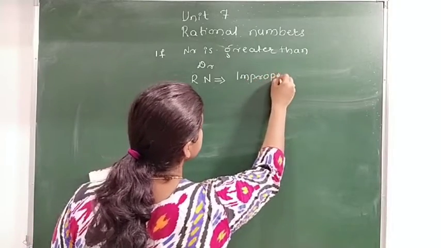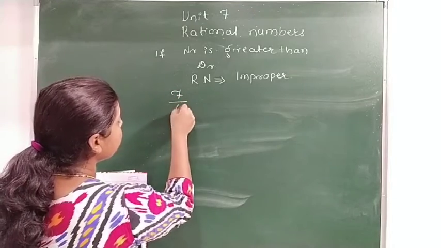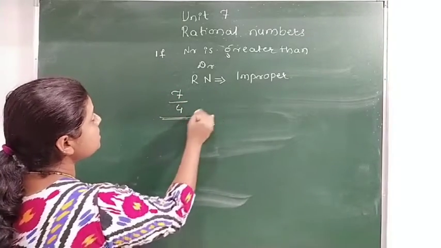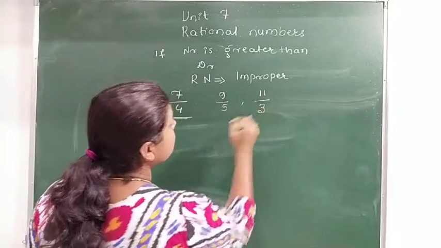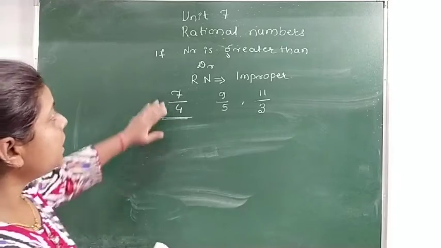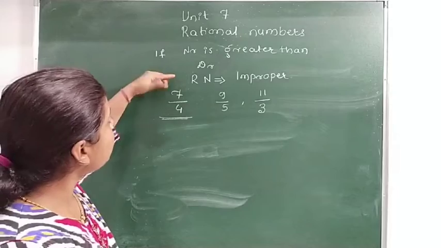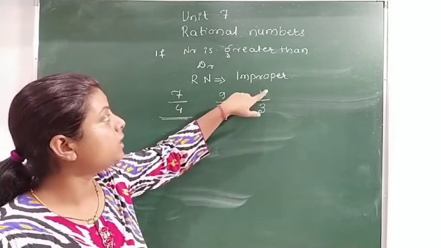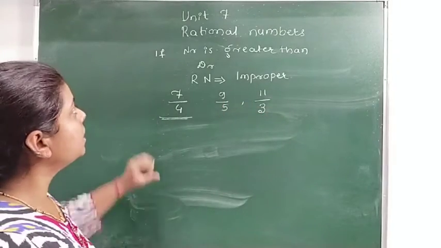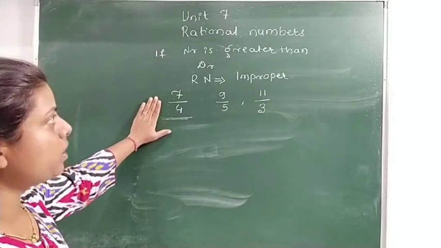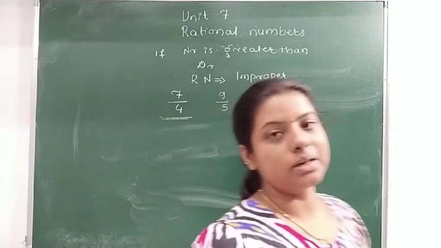As already you studied this also. Means this is 7 divided by 4. This we call 9 by 5, 11 by 3. These are the improper rational numbers. Means the numerators of these terms are greater than the denominators of these terms. These rational numbers we call improper rational numbers.